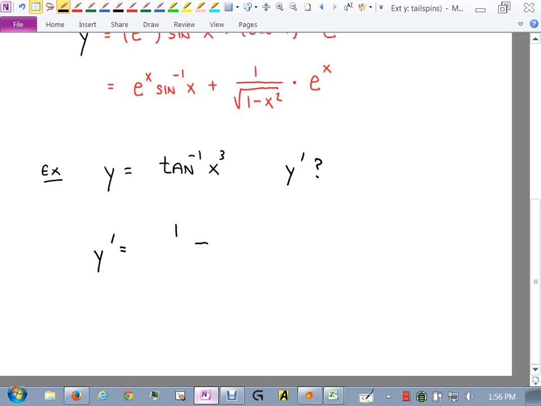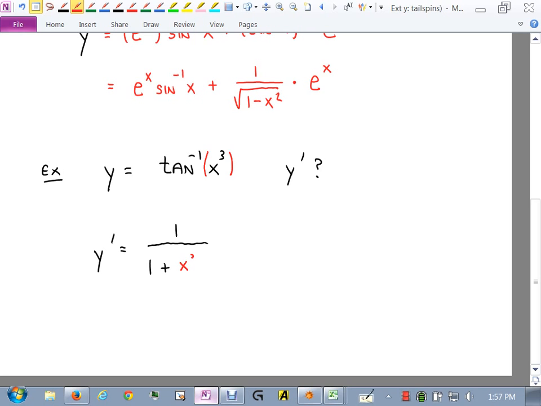So 1 over 1 plus what? Arctangent is the outside thing happening here, right? This x cubed is inside the arctan, even though I didn't put the parentheses there, it's implied. So what goes down here?